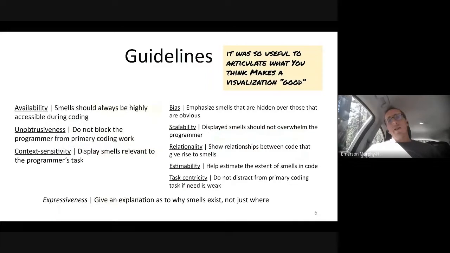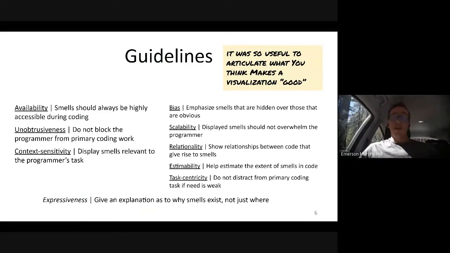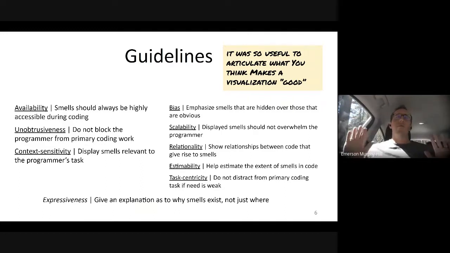So the tool itself, Stench Blossom, one of the things that I liked about the paper a lot, and we used a bunch afterwards, is trying to articulate what made the visualization good. Obviously, we're all trying to make cool tools.